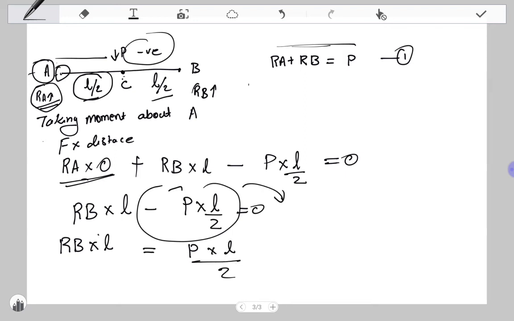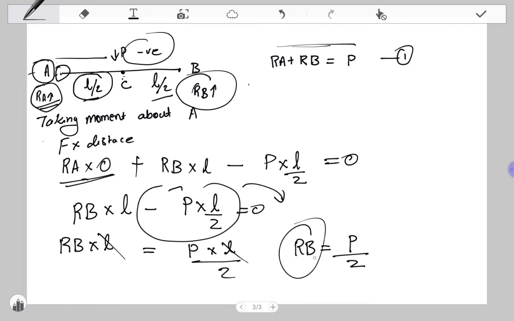This L and this L cancel, so RB is equal to P divided by 2. RB is the reactive force acting at B, and it is half of the force acting downwards. That is what I told in the earlier slide. Let's give this the number 2.